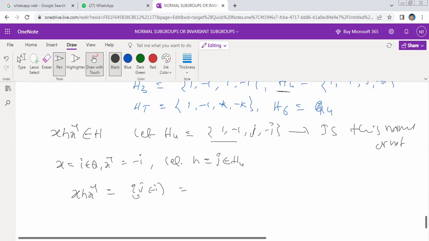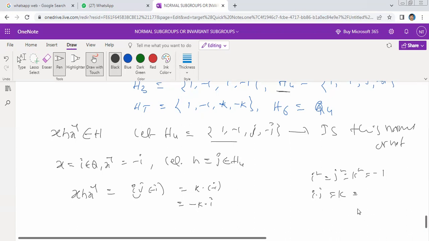What is I dot J? K. I square is equal to J square is equal to K square is equal to minus 1. You know? Yes. I dot J is equal to K. If it is reverse, J I is equal to minus K. Therefore, this is I J K into minus I. This is a minus times of K dot I. What is K dot I?